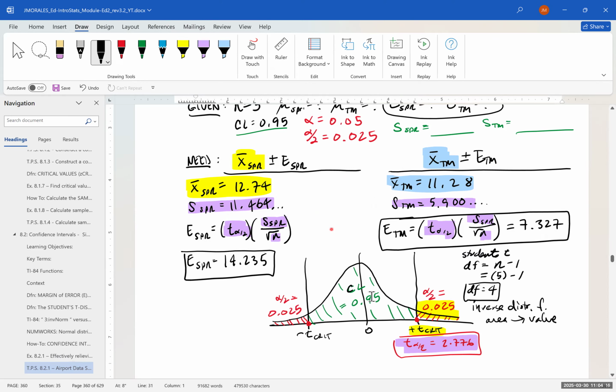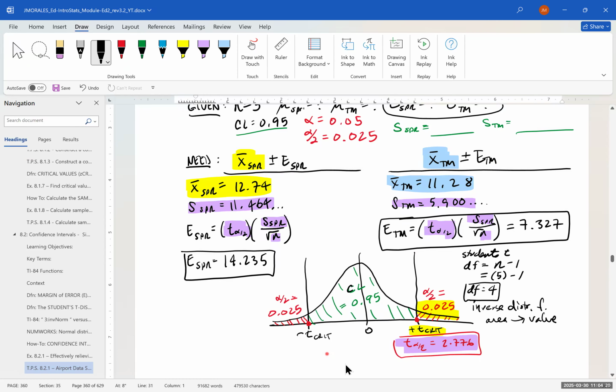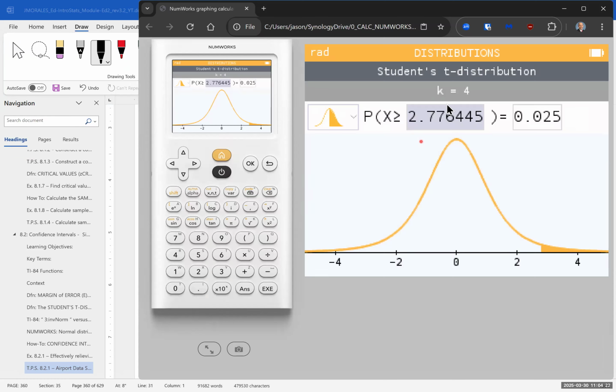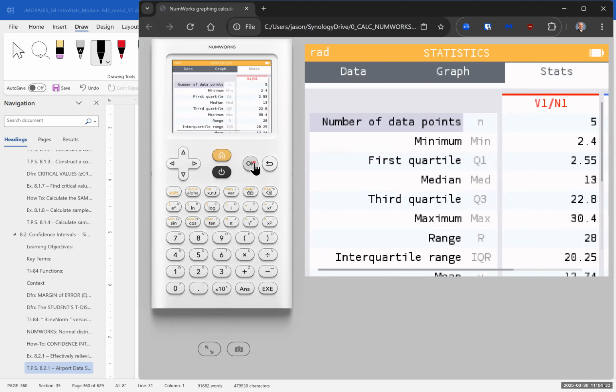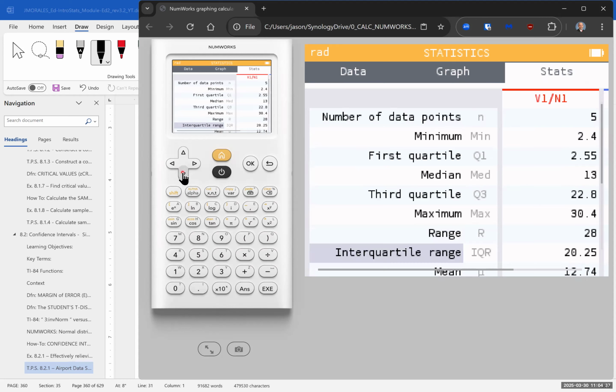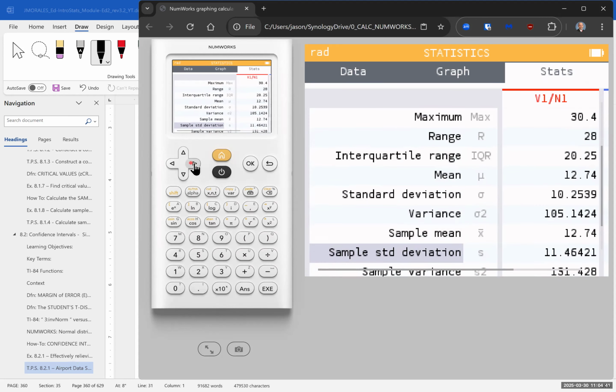Let's do this with the NumWorks calculator. I already stored this value in t, but what I need is the standard deviation. So I'm going to go back up to the statistics app and come down to the sample standard deviation.